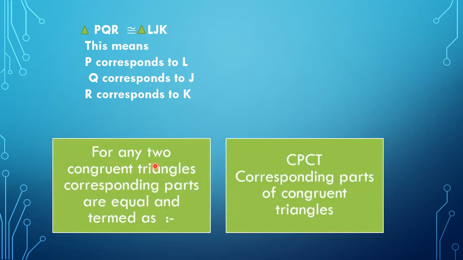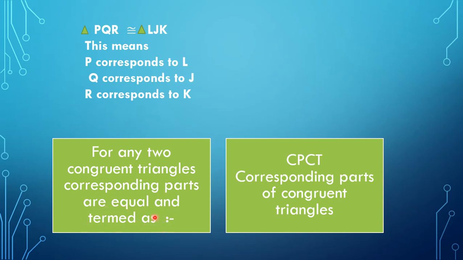That is, for any two congruent triangles, corresponding parts are equal. Remember, for any two congruent triangles, corresponding parts are equal. When we say the triangles are congruent, all the parts, including angles and sides, are equal.